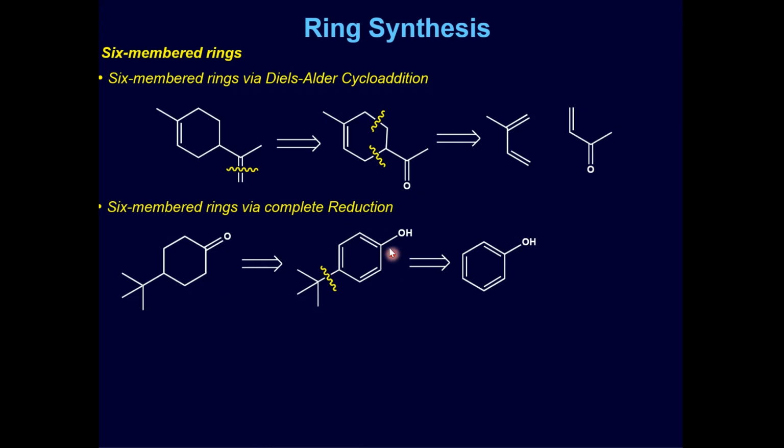If I reduce this by using hydrogen and palladium, the double bond gets reduced. I'll get cyclohexanol, and after cyclohexanol, if I oxidize, I get cyclohexanone. This is another strategy which we follow for a carbocyclic six-membered ring system.